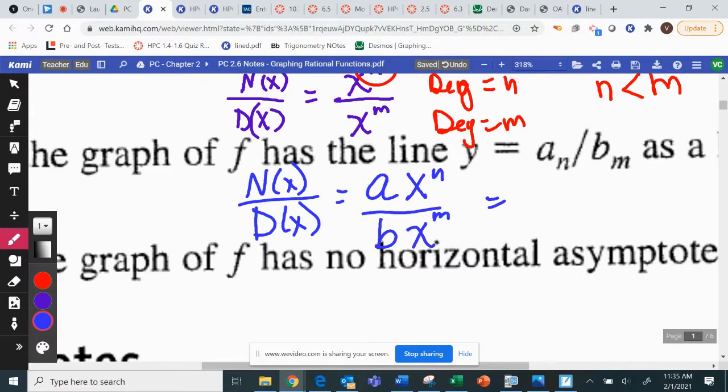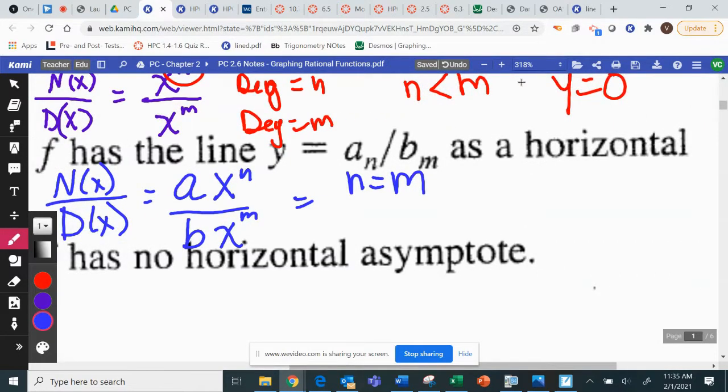And here it's telling us that n equals m. The degrees are the same. To find the horizontal asymptote, y equals, you just put their coefficients on top of each other, a over b.